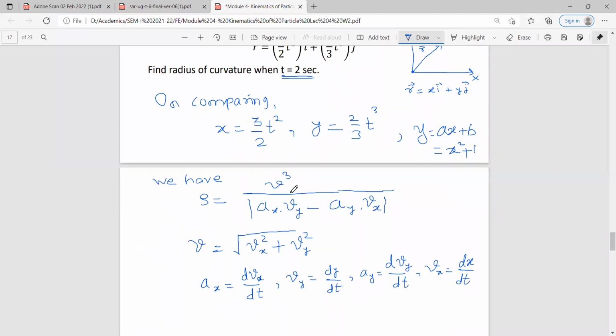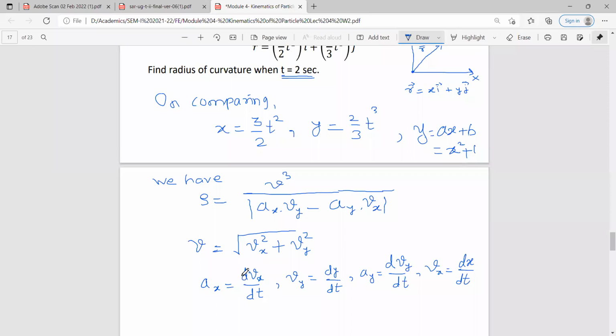You have to calculate the radius of curvature. To calculate the radius of curvature, we should know these 5 parameters. Total velocity will come like this: acceleration component along x, along y, velocity component along x, along y. These 5 you have to calculate.